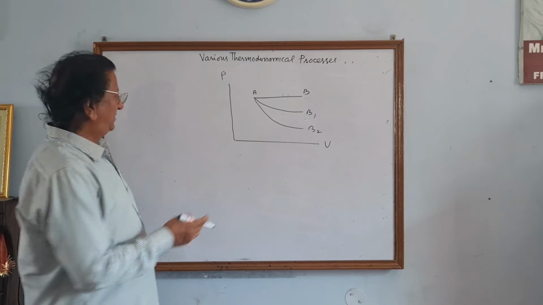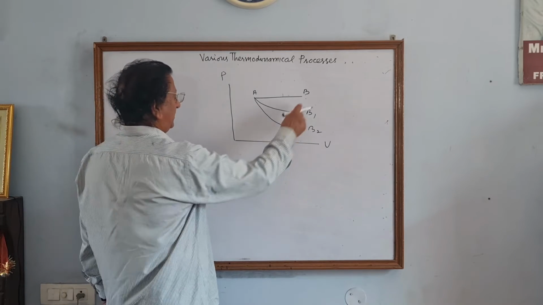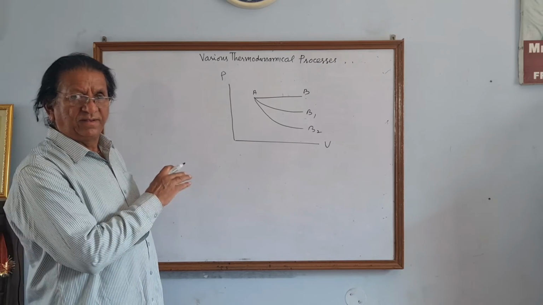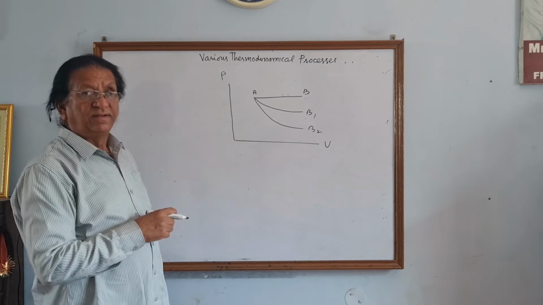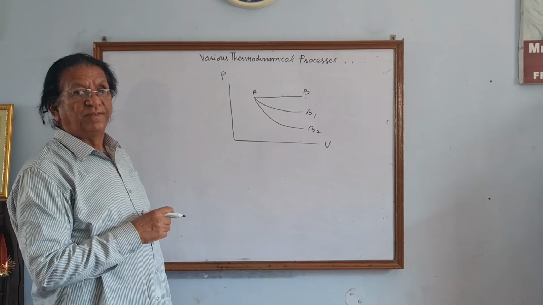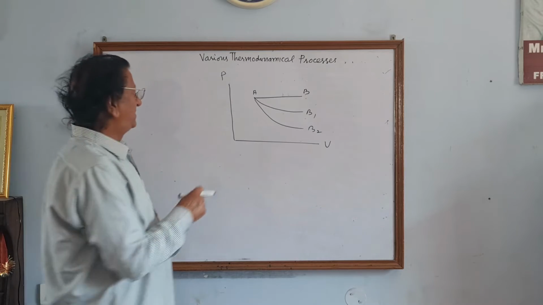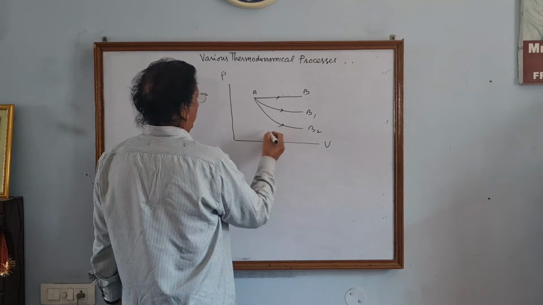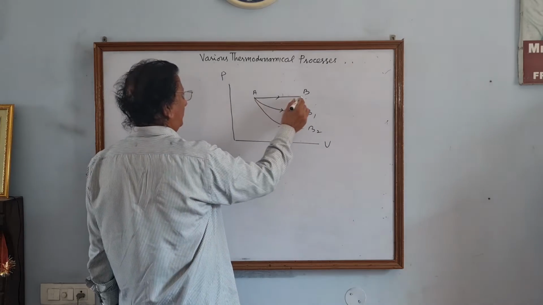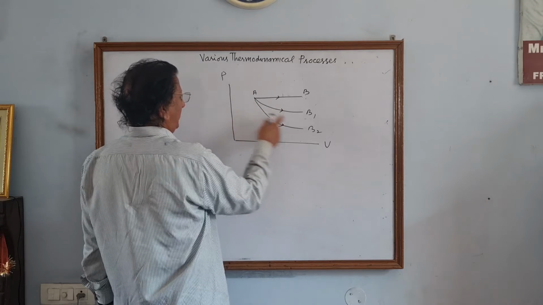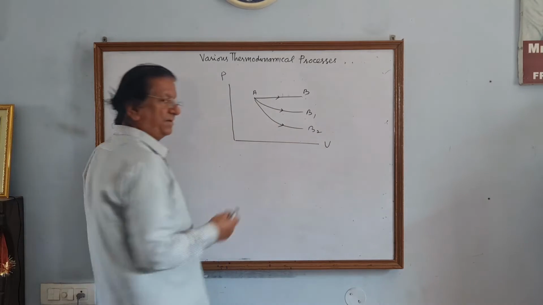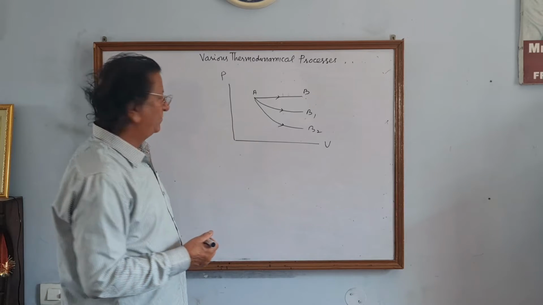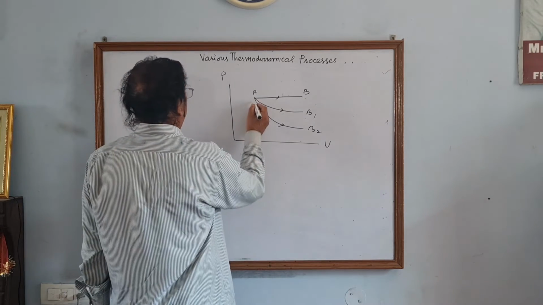This is a PV diagram corresponding to three processes. Here the system is taken from A to B state, then from A to B1 state, and A to B2 state. Clear?